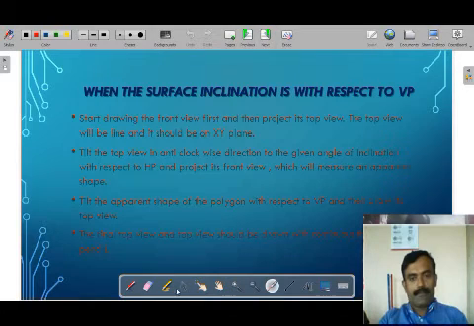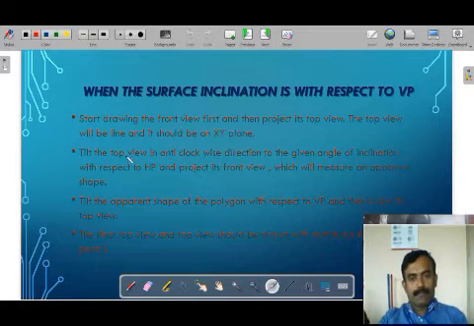Suppose the surface is inclined with respect to the VP, that is, the lamina or plate is inclined to the VP. Draw the front view first, then project its top view. The top view will be a line and it should be on the XY line.